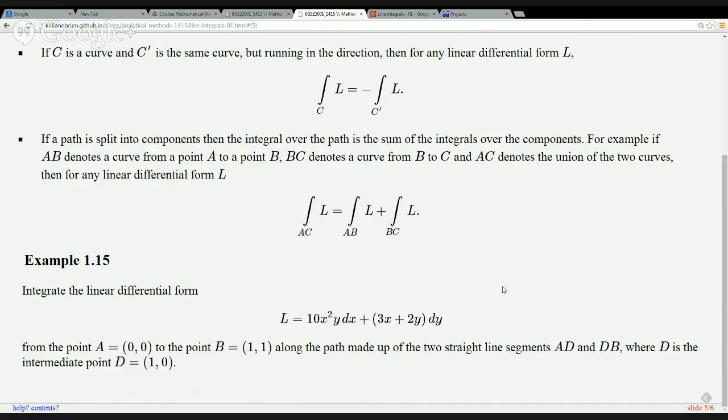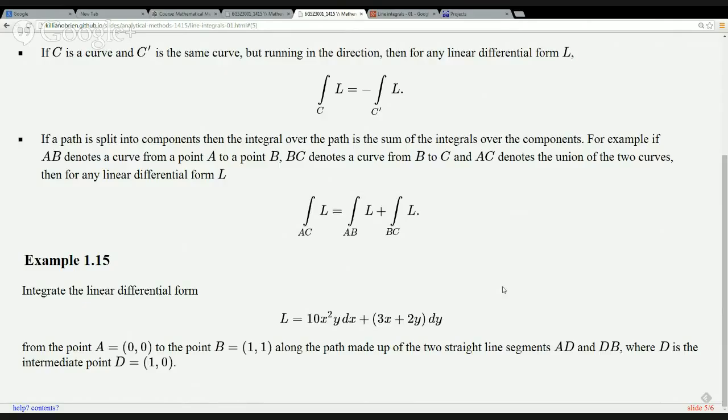Similarly, on C2, the behavior is kind of reversed. On C2, x is always fixed at the value 1. So x has a fixed value, but then the differential dx is 0 because x isn't changing. And the y variable is beginning at 0 and going to 1.